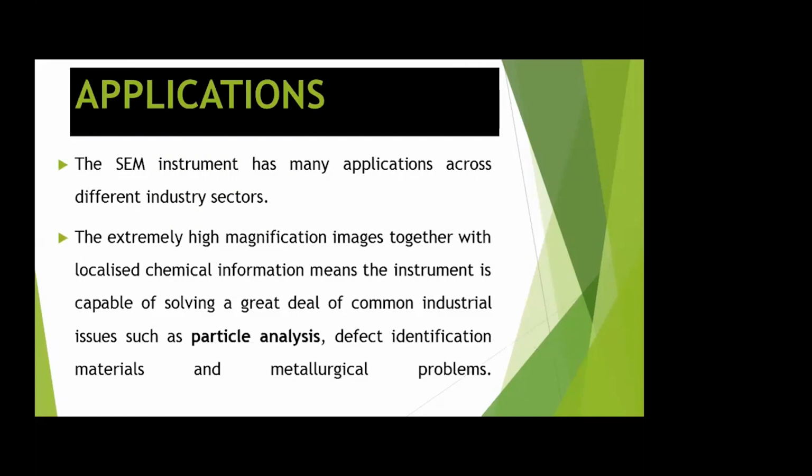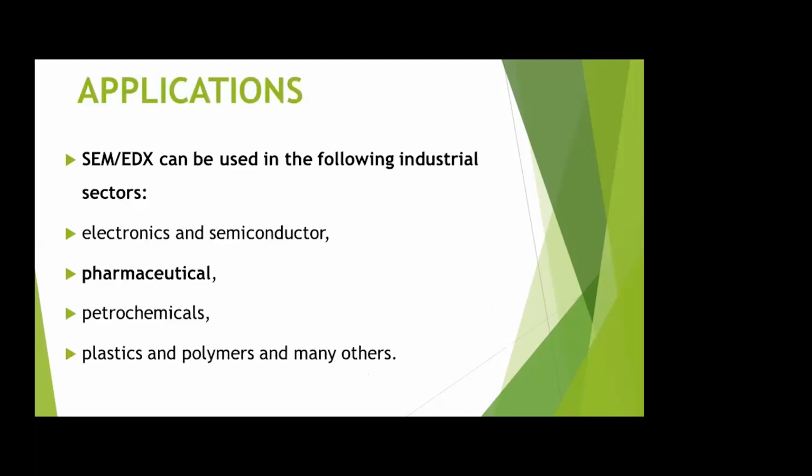If you talk about the applications of SEM further, it has many applications across different industry sectors. Extremely high magnification images together with localized chemical information means the instrument is capable of solving a great deal of common industrial issues, like particle analysis, defect identification, materials and metallurgical problems.